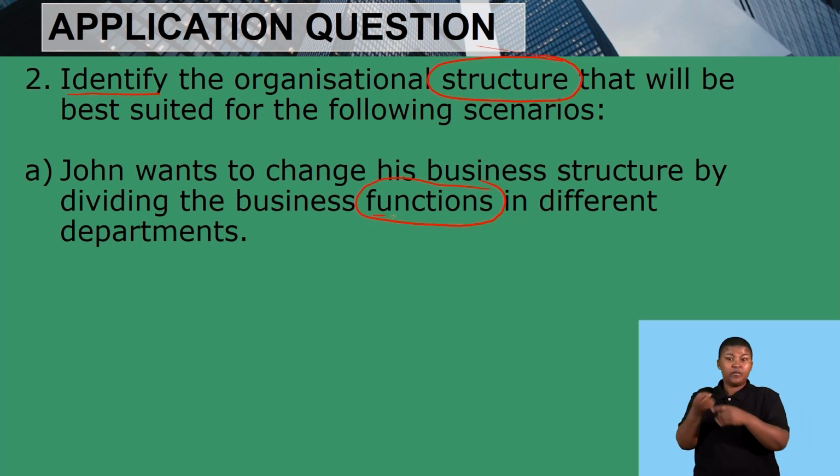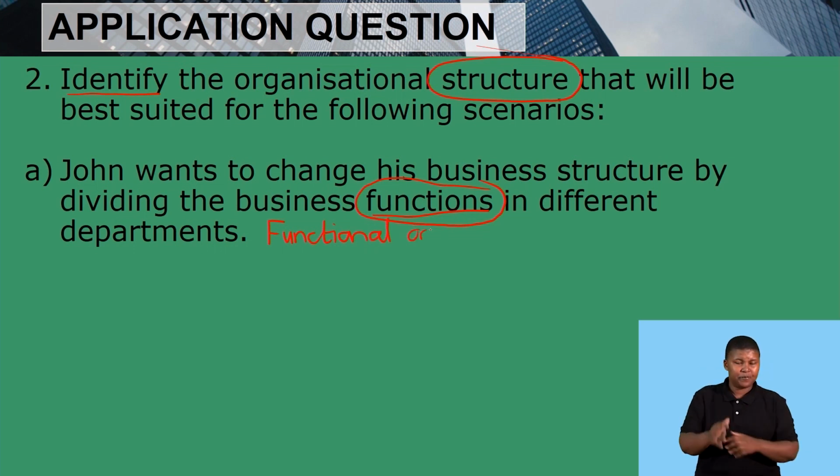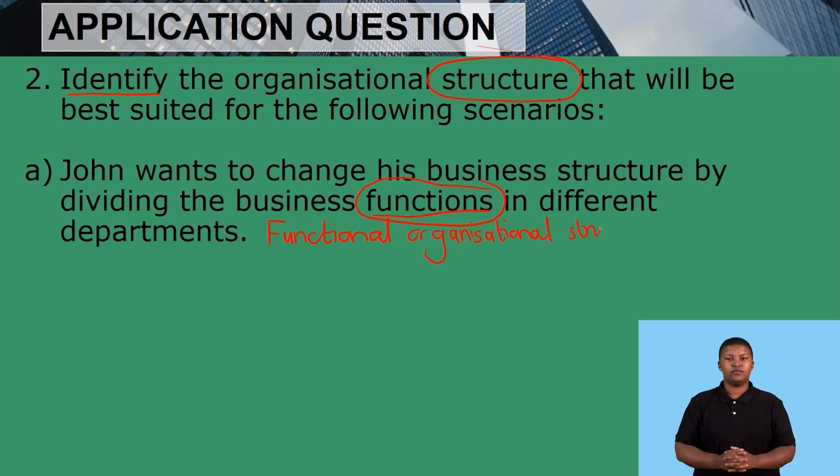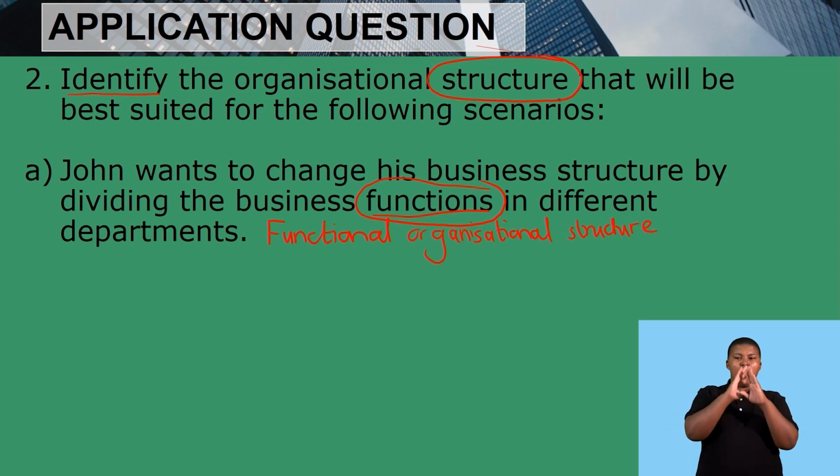So that little word functions is our clue, and this will then be the functional organizational structure. So we will answer by stating also the organizational structure. So we will not only write functional, we will write functional organizational structure, just to be safe.